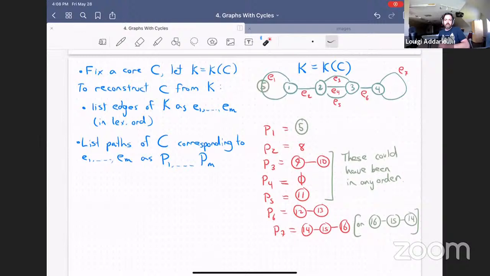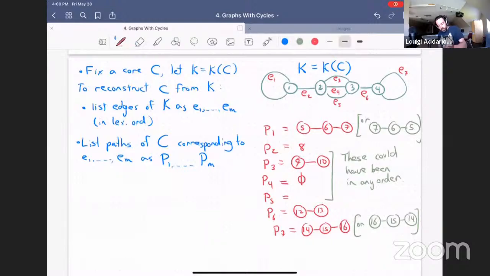And our original graph didn't have multiple edges and loops. So you're not allowed to just have a path of length 1 on a loop. So that's one kind of constraint. Another is that I couldn't have had both P4 and P5 being empty, because that would have corresponded to leaving E4 and E5 both as single edges joining vertices 2 and 3. And that's a multiple edge in the original graph, and there are no multiple edges. We started from a simple graph.